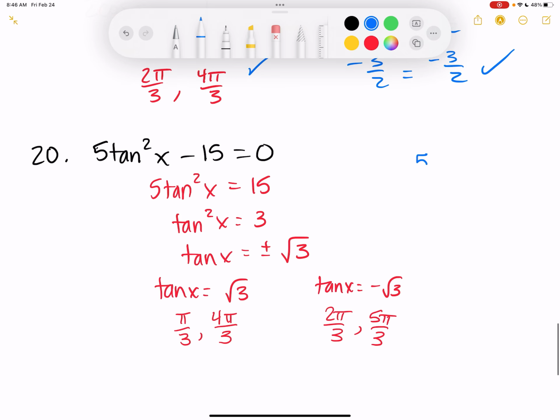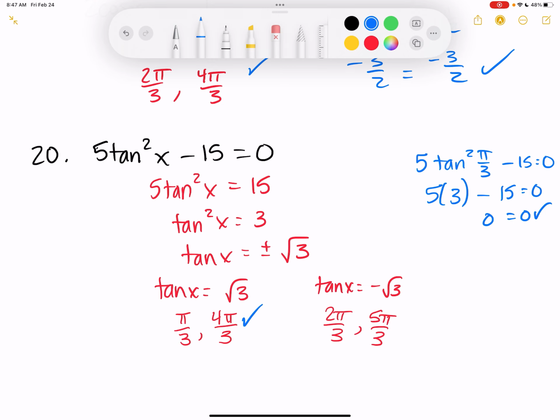So 5 tangent squared of pi over 3 minus 15. So tangent of pi over 3 is the square root of 3, right? Yeah. So then we square that. So that's going to be 3. So that's 5 times 3 minus 15 equals 0. So 0 equals 0. So that one's good.